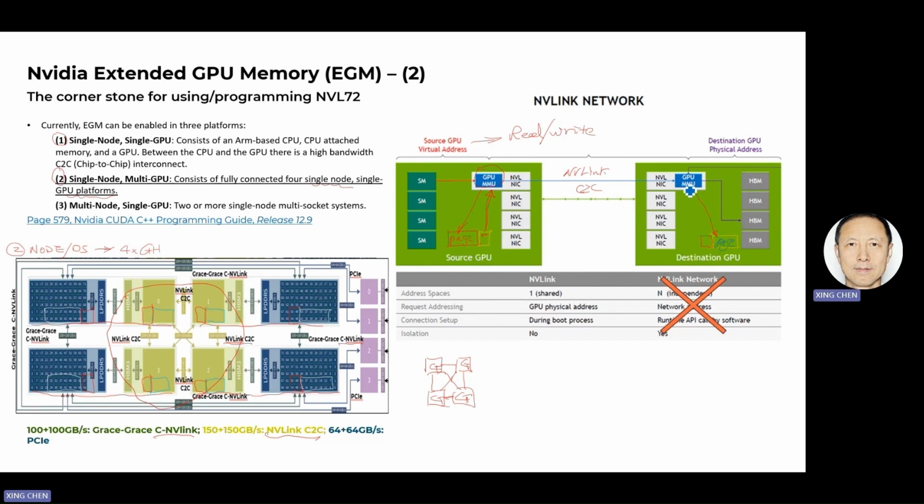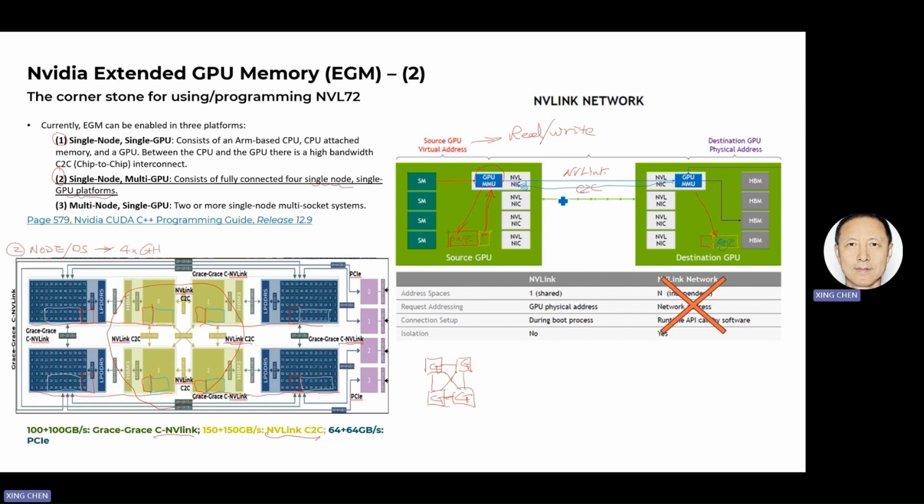What this destination GPU's management unit is going to do is ask the destination memory, with this physical address, to read the data from that address and send it back to the source GPU, again by this NVLink.